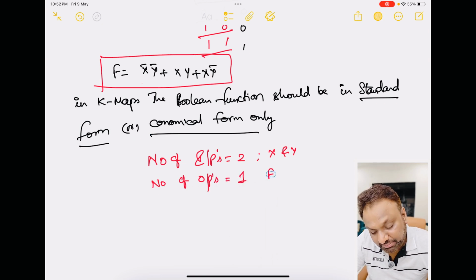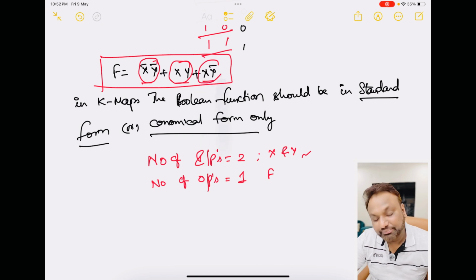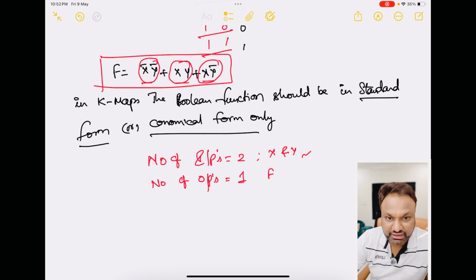So I have three product terms: x bar y bar, x y and x y bar. In each of these three product terms, the combination of x and y is present, in the form of normal x or x bar, or y or y bar.